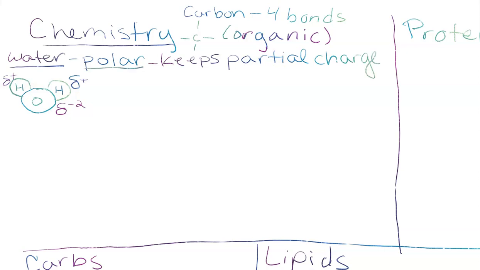Because it is polar, it makes what is called hydrogen bonds. You can guess what those are. These are weak bonds that happen between molecules, so the hydrogen on this water will weakly bond with the oxygen of another water or any other negatively charged molecule.